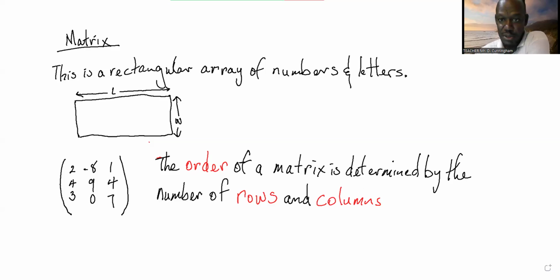So take this down, everyone. Hence, 3 by 3. R by C. Rows by columns.